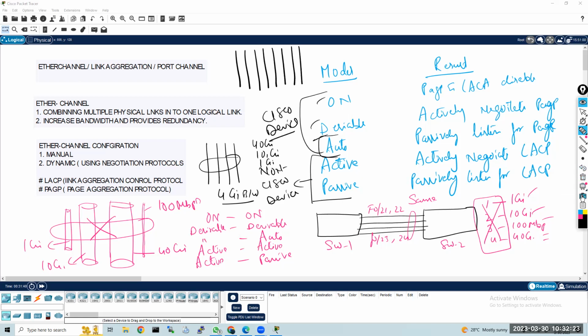Up to 8 links we can connect. In the latest ISR switch, up to 8 links we can bundle.